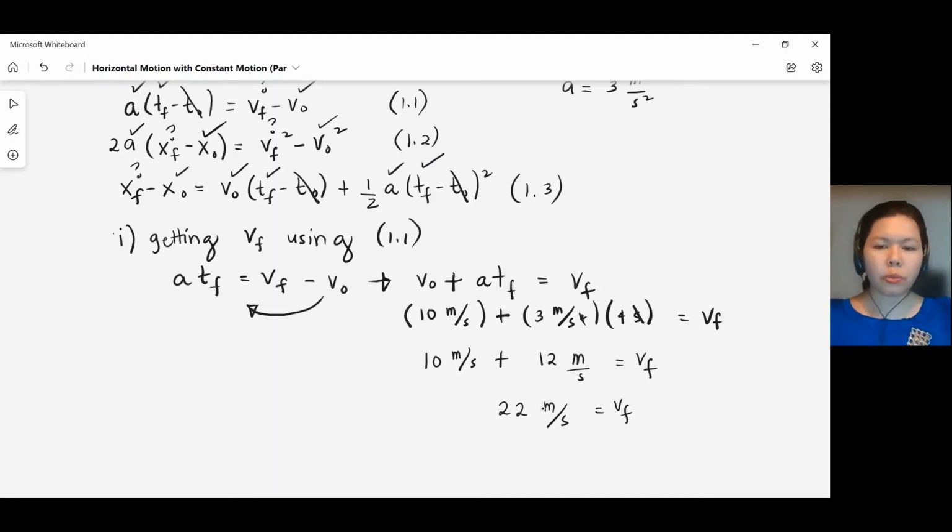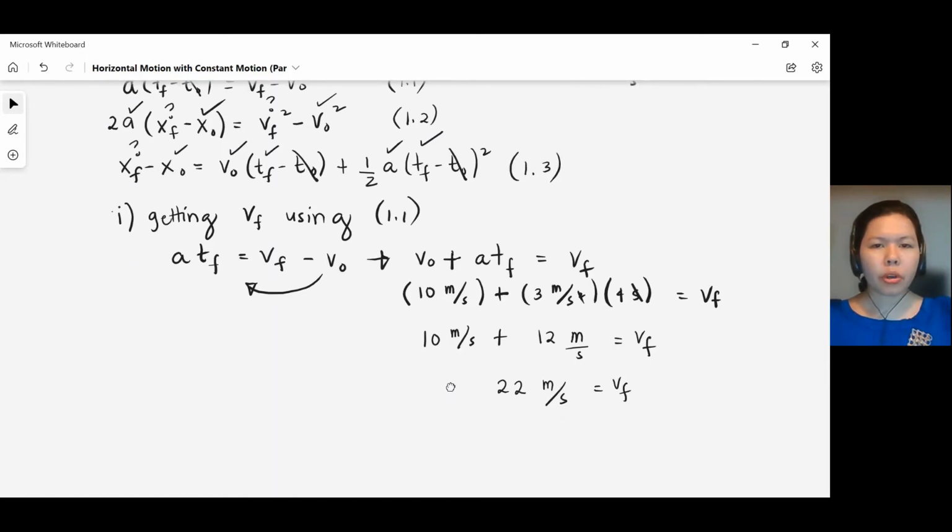Positive 22 meters per second means to say our object is traveling to the right or to the east. Now, after getting our VF, we can get the final position using 1.2. Or you may use 1.3, but for now we will use 1.2.